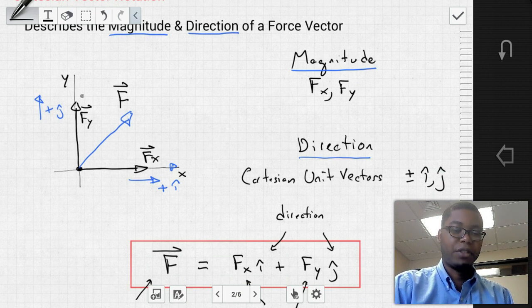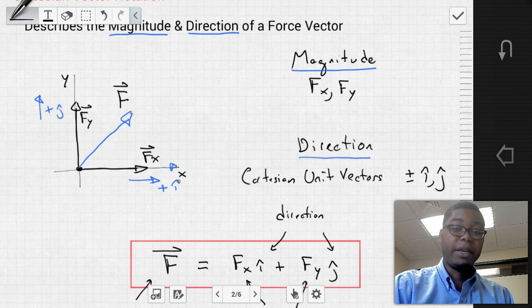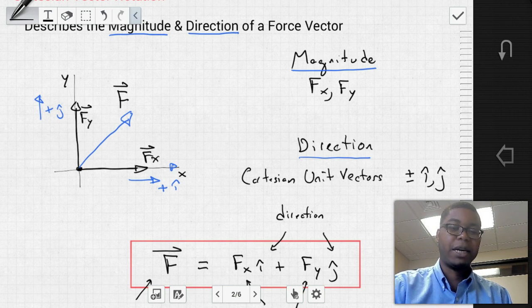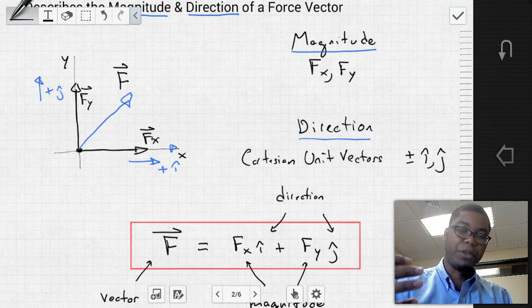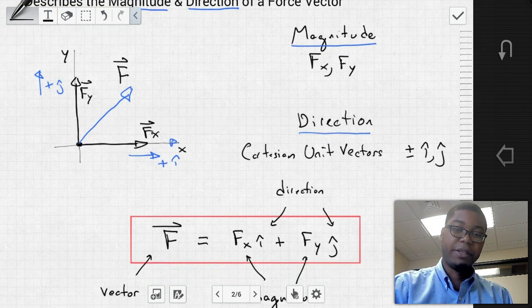And so in this case, the direction in Cartesian vector notation could be positive or negative. So in this case, we're assuming it's a positive i because it's going in the positive x direction, and we're assuming it's plus j because it's going in the positive y direction. So actually writing it in Cartesian notation is the next step.